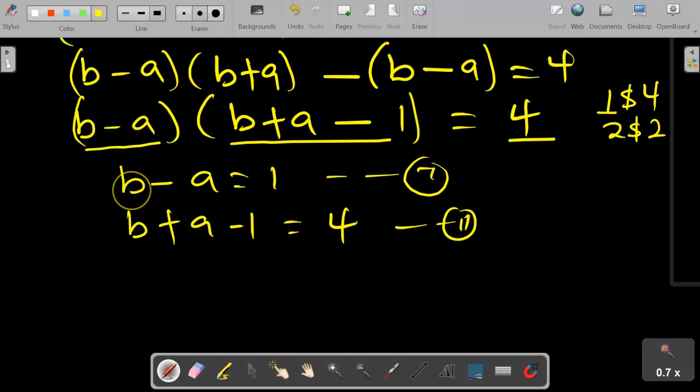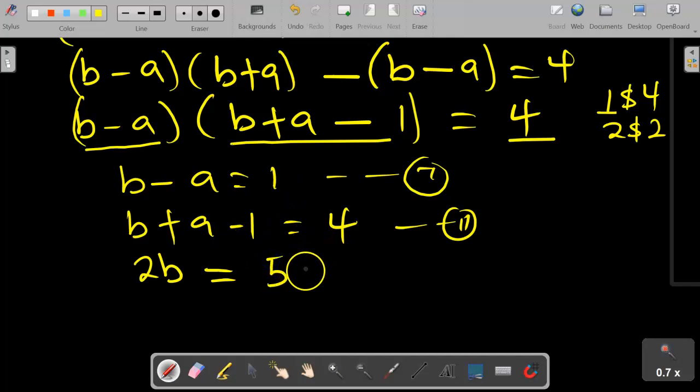So the next thing we're going to do is to try to eliminate one of the terms so that I can get the other one. In this case, we can eliminate a so that we can get b. To eliminate a, we add the two terms. b plus b is 2b. a disappears because minus a plus a is 0. So 1 plus 4, 5.